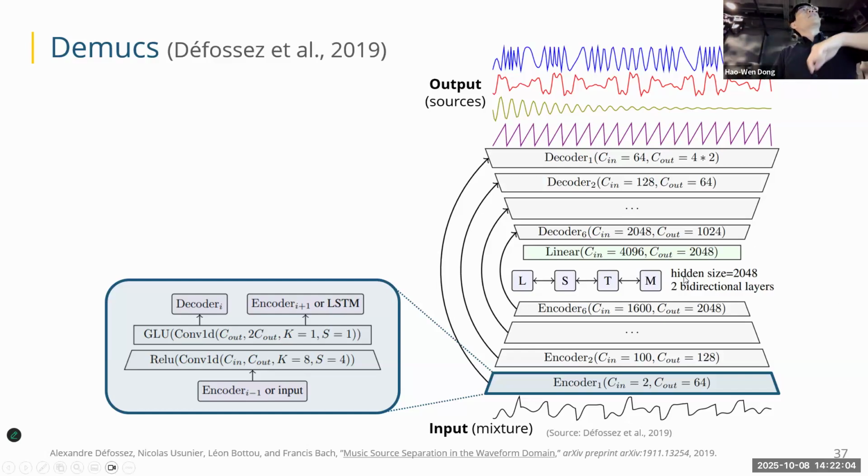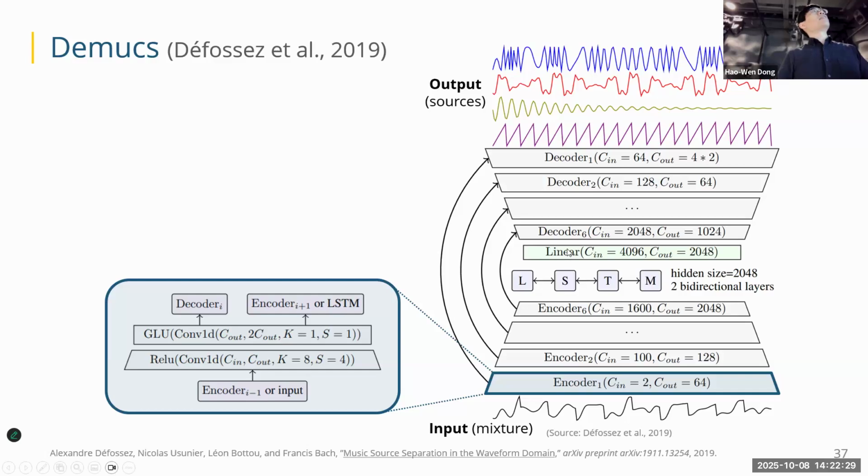In this case, they're using hidden size 2048, but this is an LSTM. We will talk about it later, but it's just a recurrent neural network. Think of it as another neural network to get the contextualized information surrounding, to summarize the whole signal.